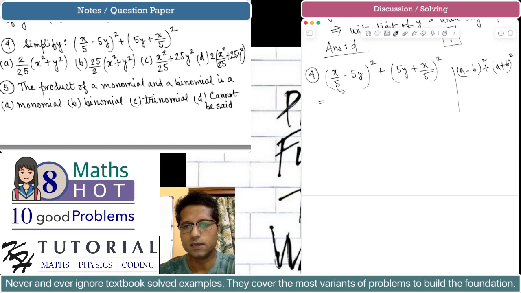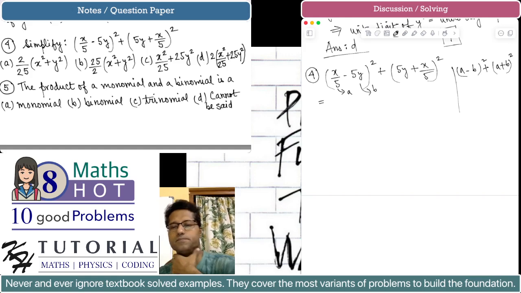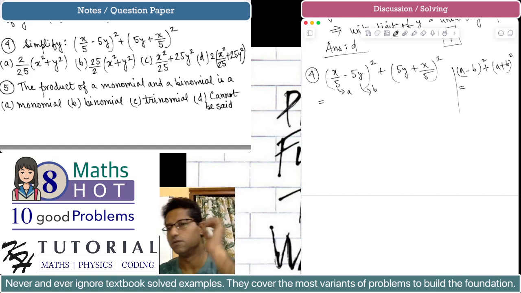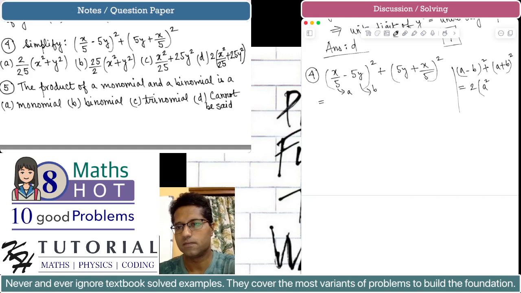it is of the form a plus b whole square plus a minus b whole square. And you should know that even though you can expand the a minus b whole square and a plus b whole square, and find the result expression, you must be very well aware and familiar that a minus b whole square plus a plus b whole square is always 2 into a square plus b square.